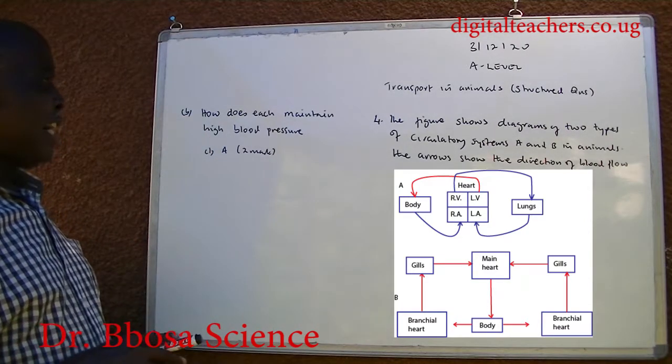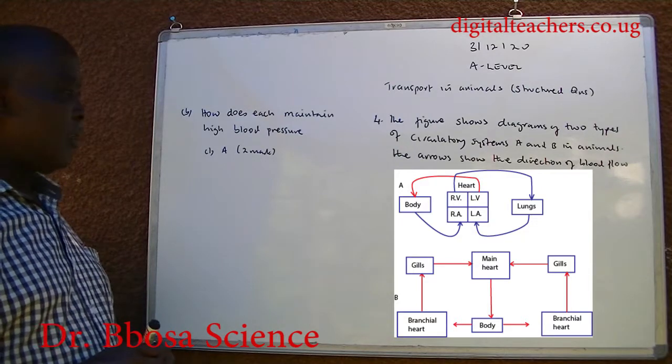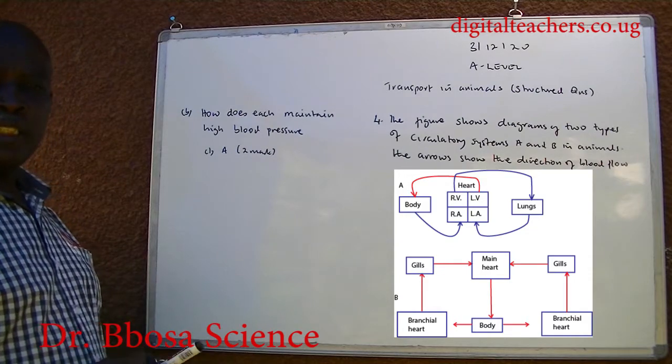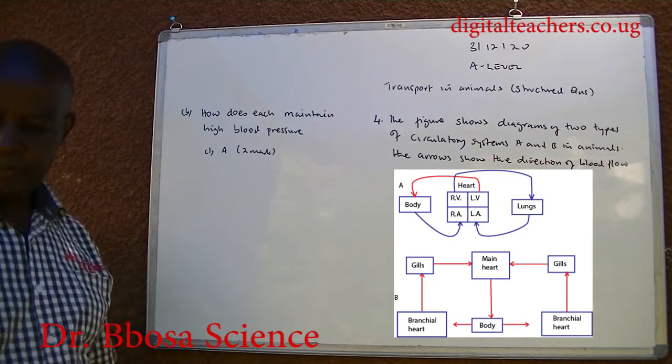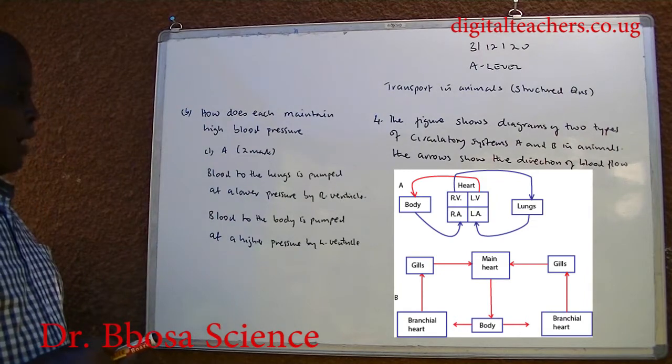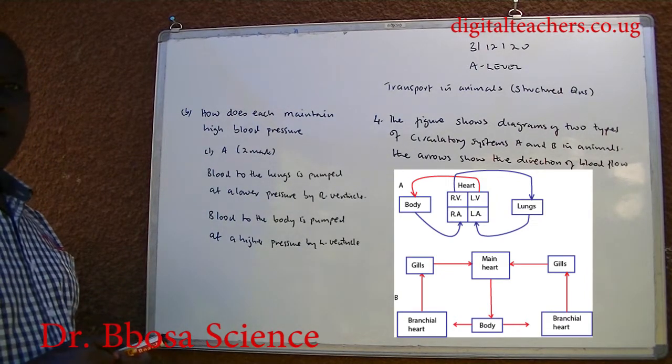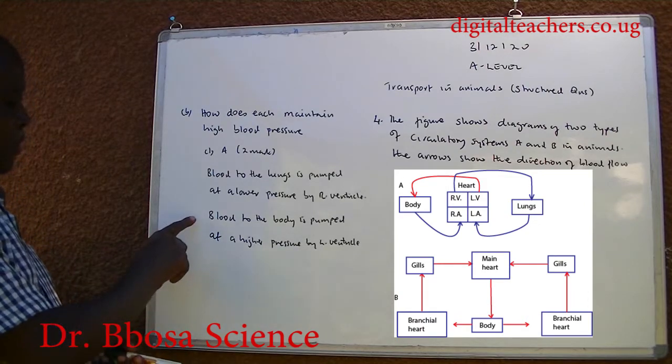B. How does each maintain high blood pressure? Roman 1, A. You can pause and answer. In A, blood to the lungs is pumped at lower pressure by right ventricle.